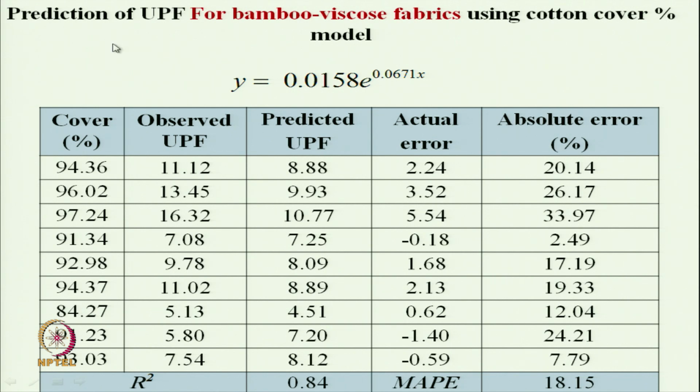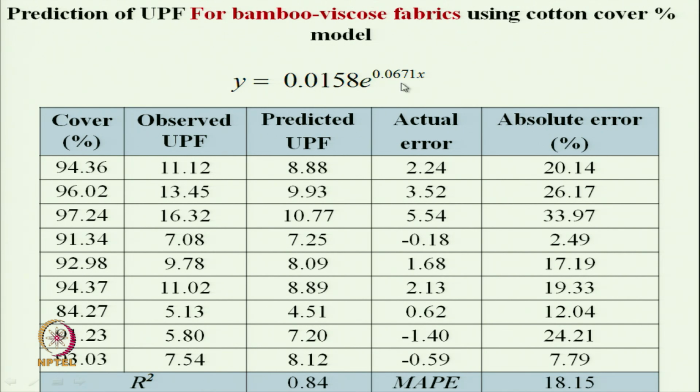Now, the predicted model for bamboo using cotton cover, meaning using the same equation which we have obtained for cotton fabric with cover percent as the x parameter. What we can observe here is that the error percent has increased.